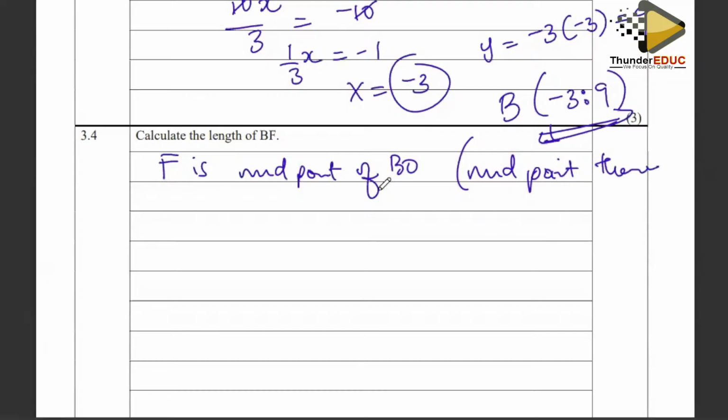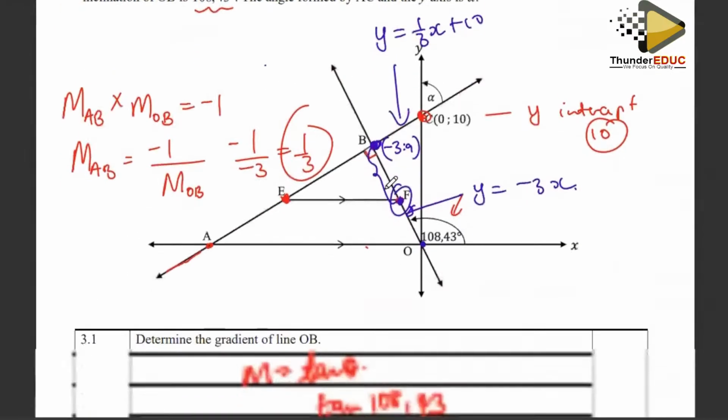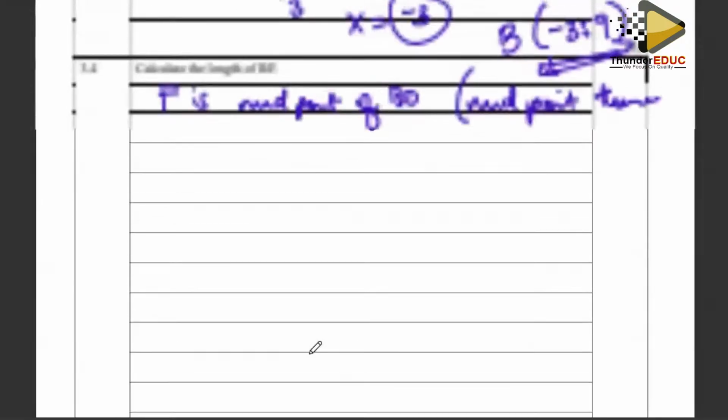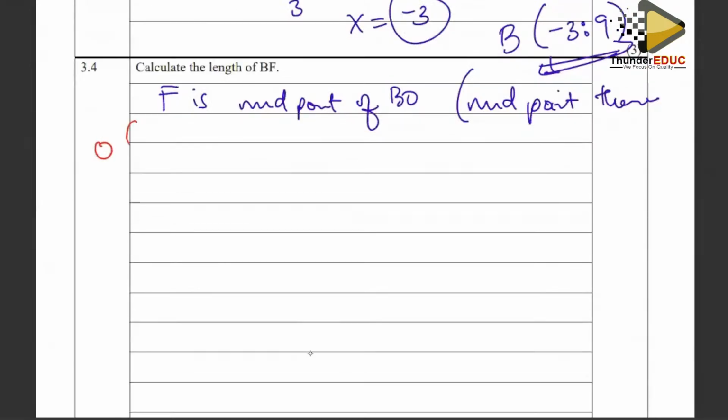If F is a midpoint, I can simply calculate the distance of OB and then divide it by 2. My O is 0, 0 and my B is negative 3 and 9.